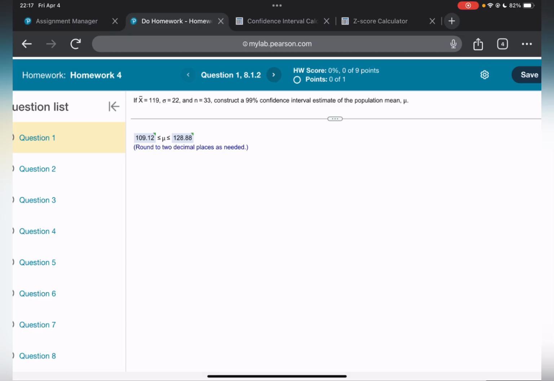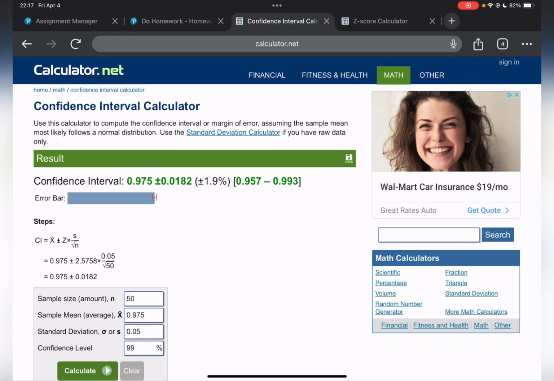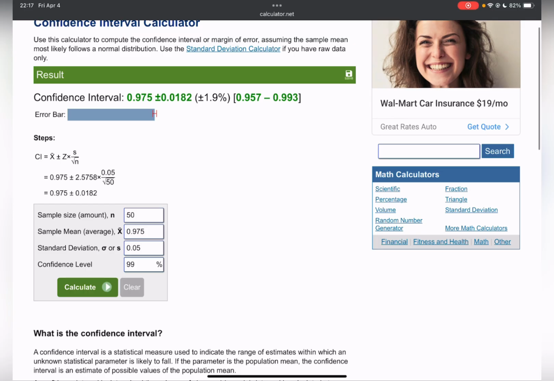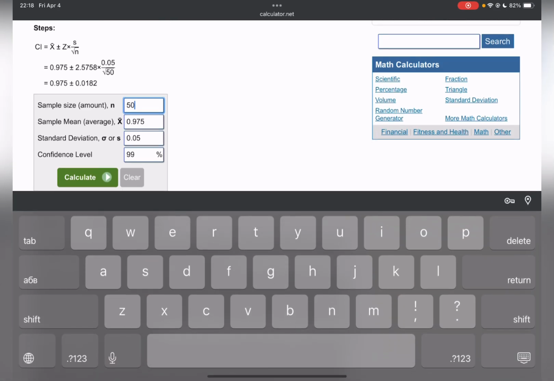So all this information, the average of the sample, standard deviation, and sample size, I'm going to put right here, and the link to this calculator, like I said, I'm going to put right under the video. So we have sample size 33.